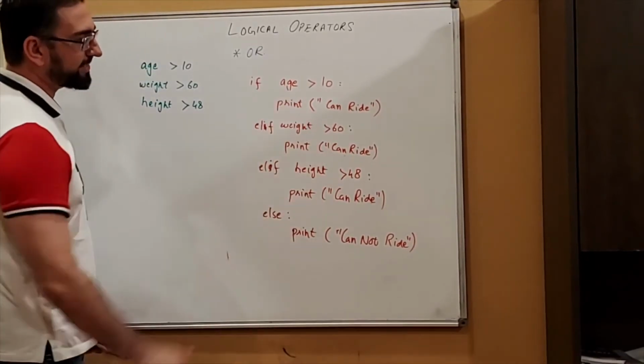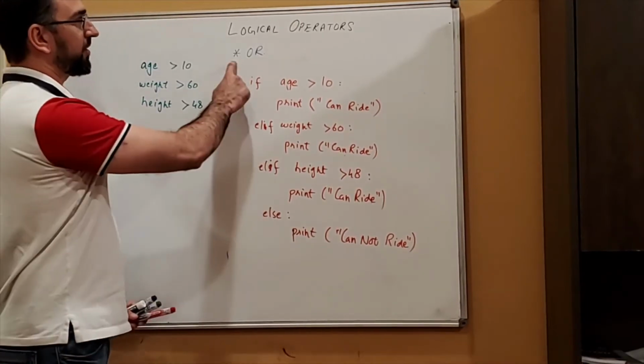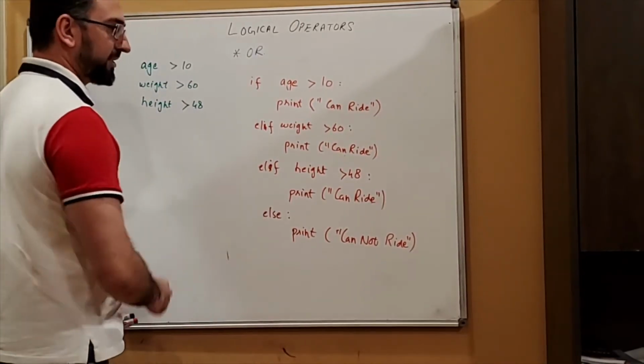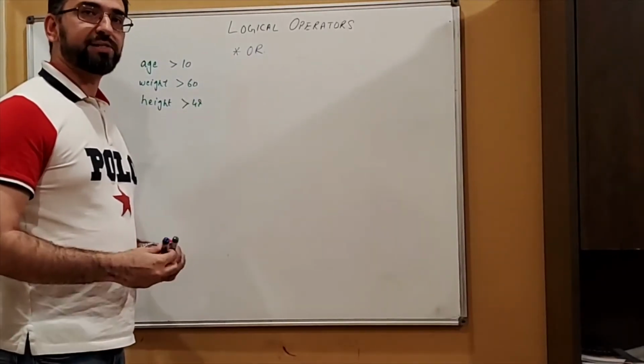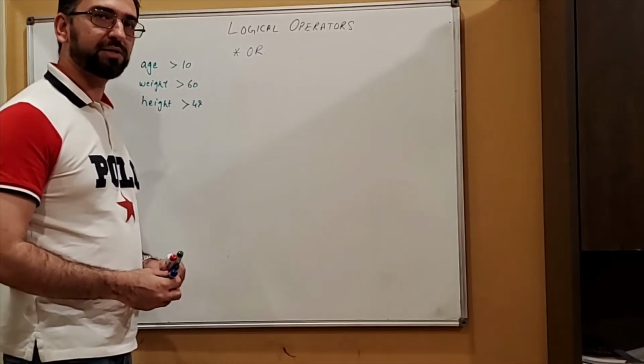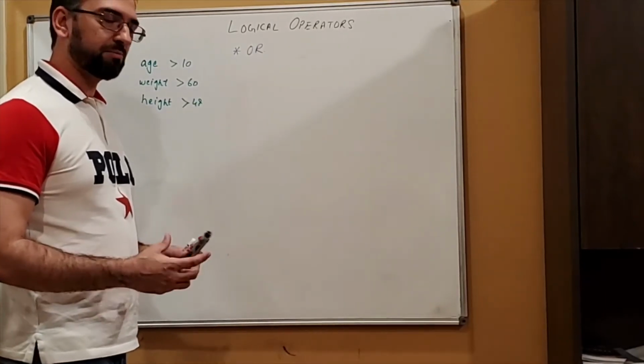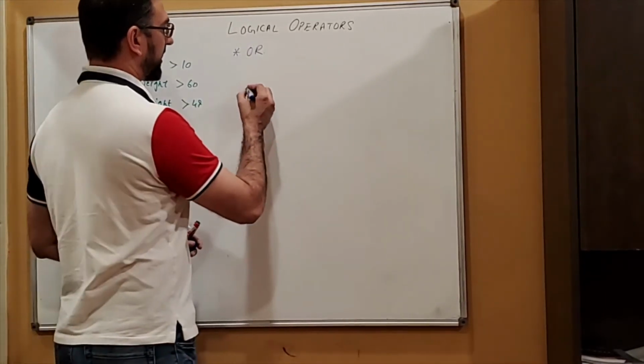Now, again, this is a little bit more complicated to follow. We can simplify it using the OR logical operator. So let's see that in action. Let's go ahead and simplify the if-else blocks that we had in the prior example and use the OR logical operator to simplify it. How are we going to do that?